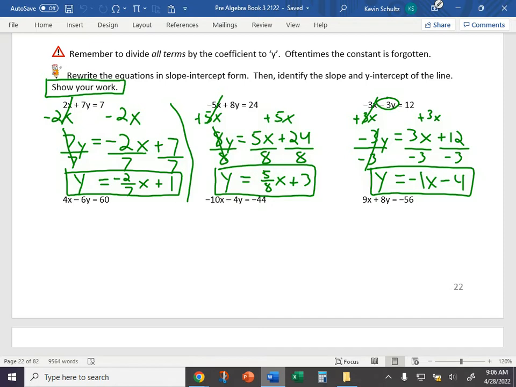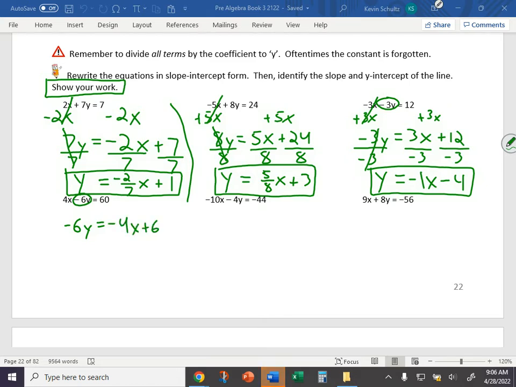So, walking around, I did not see people making the mistake of just taking that 4x and putting it on the other side. You did a really good job of using opposite operations. What I did see though, some of you, when you moved that 4x over, you forgot that that negative sign, that subtraction sign, belongs to the 6y. So it would be a negative 6y in the next line.